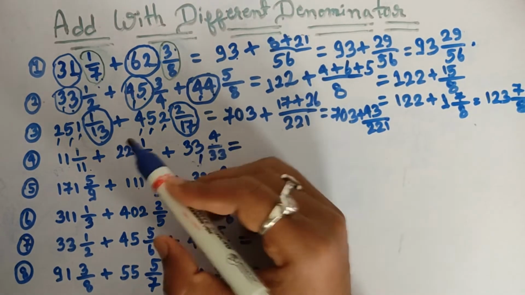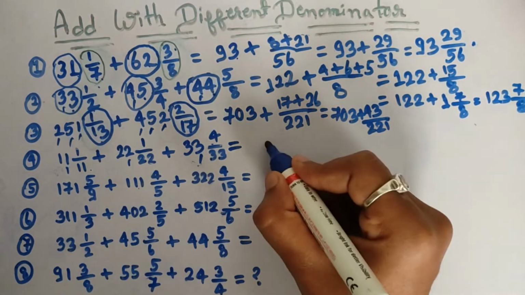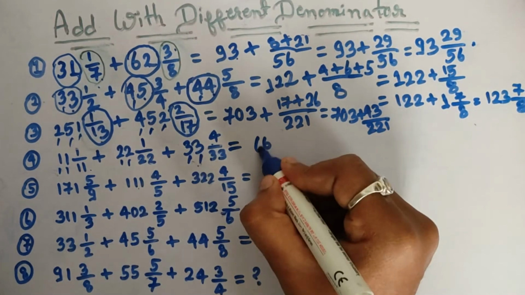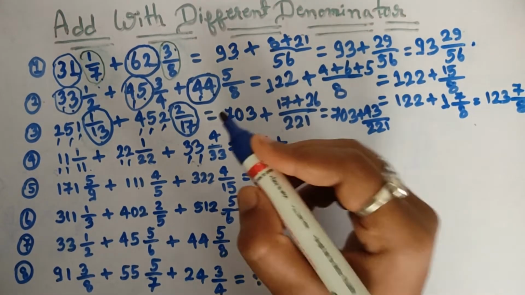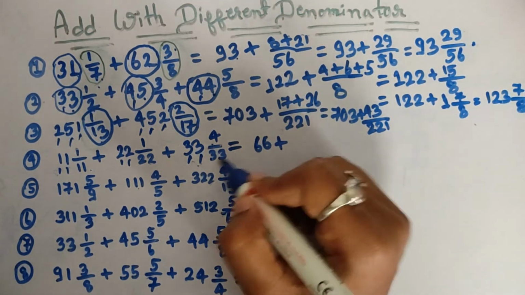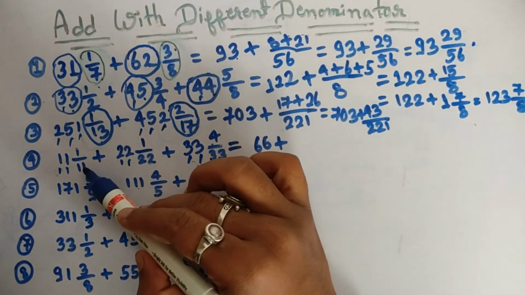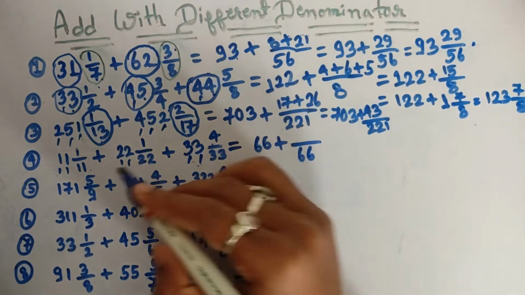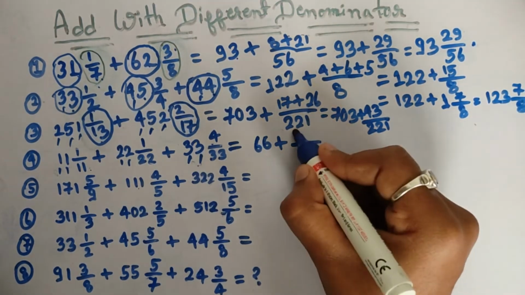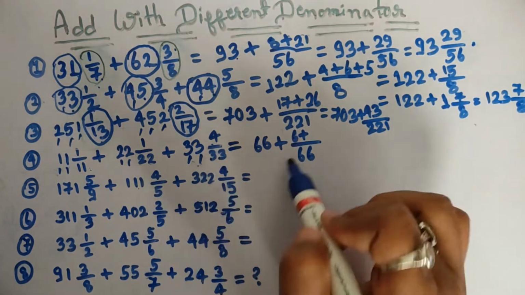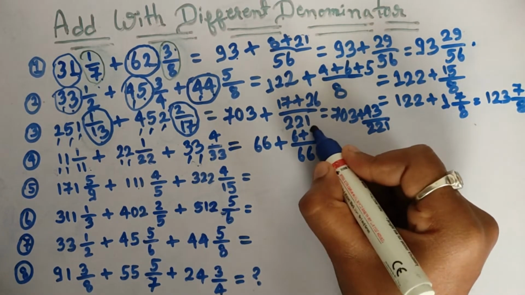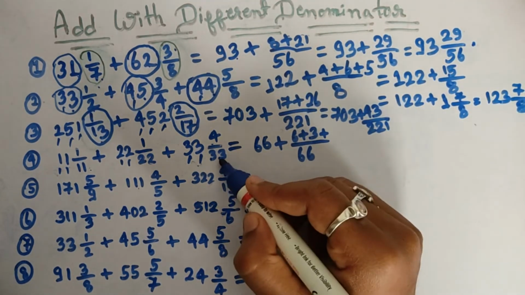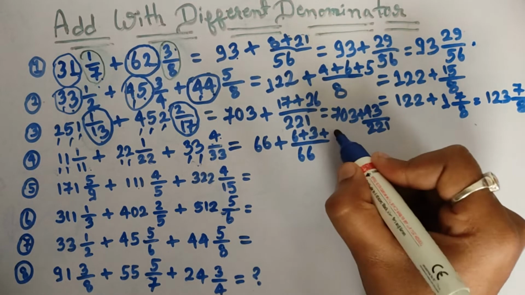Add the simplest form. 66 plus. Take the LCM of 11, 22 and 33, which is 66. 66 divided by 11 is 6, plus 66 divided by 22 equals 3, plus 66 divided by 33 equals 2. 2 into 4 is 8.